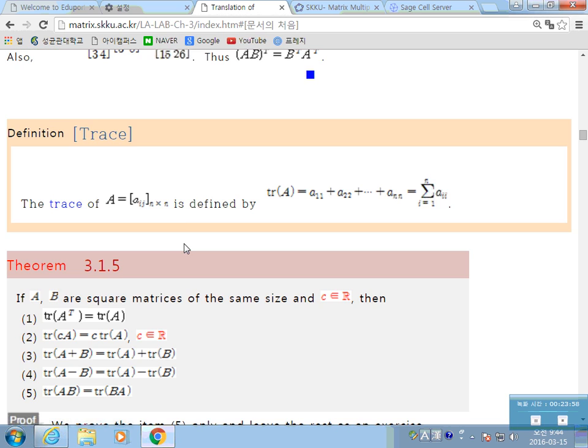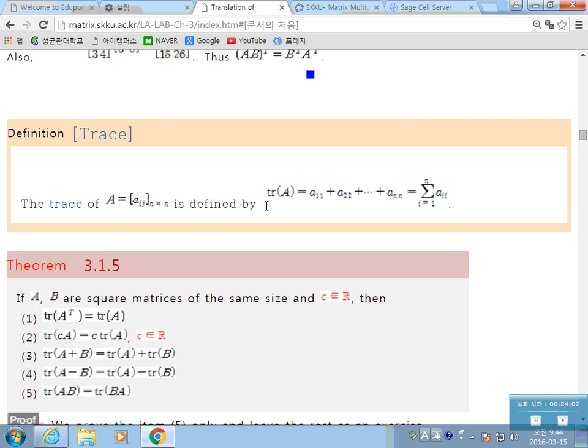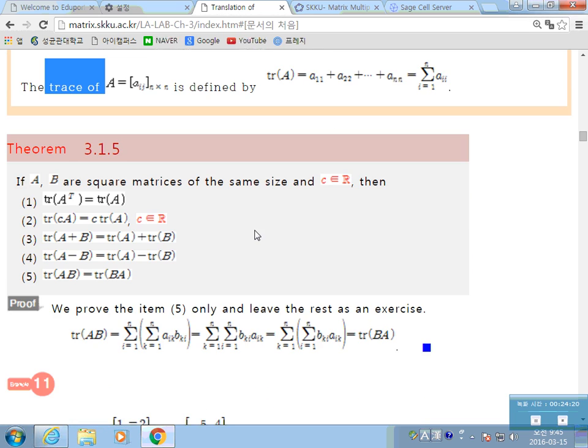Okay? Trace, a new definition. The trace of the matrix A is just the summation of all diagonal entries. Just add the main diagonal entries, and that's called the trace. There are many reasons we are learning the transpose and the trace of a given matrix. It has many applications, so you should know that.